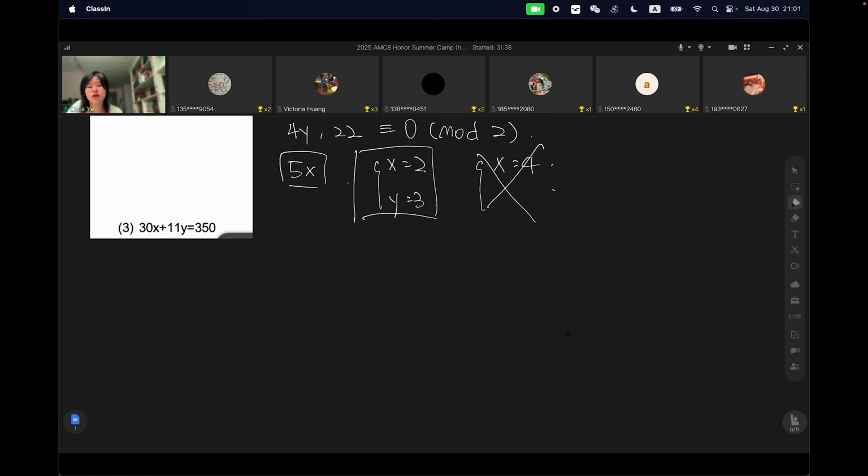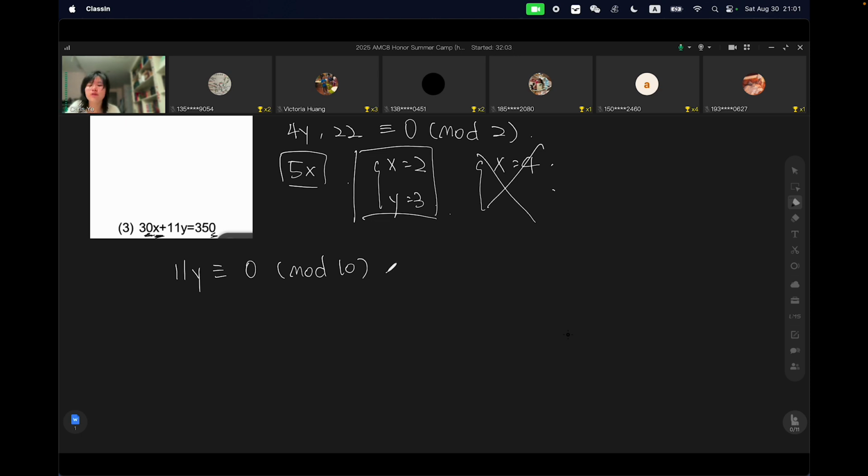Last equation, 30x plus 11y equals 350. Using the features of the ones place, the units digits of 30x and 350 are both 0. So, because it's 30, therefore 11y also has to be divisible by 10.